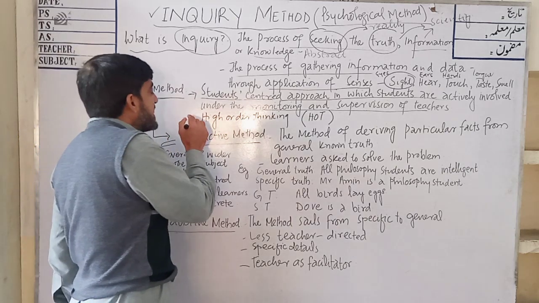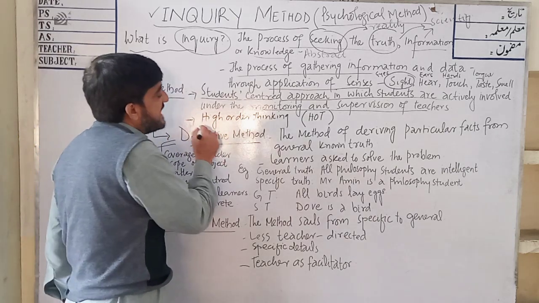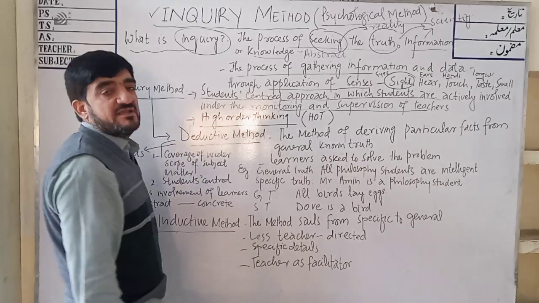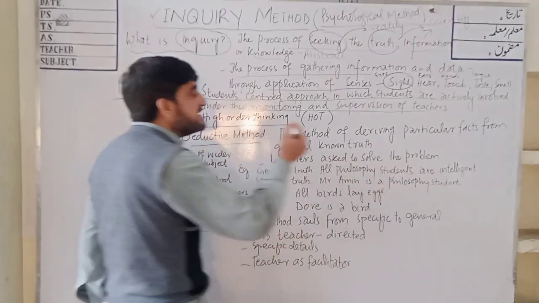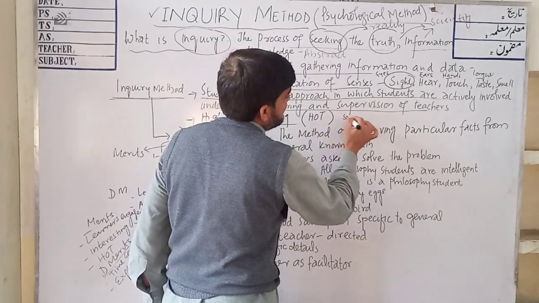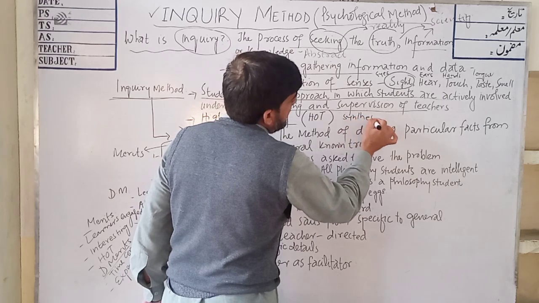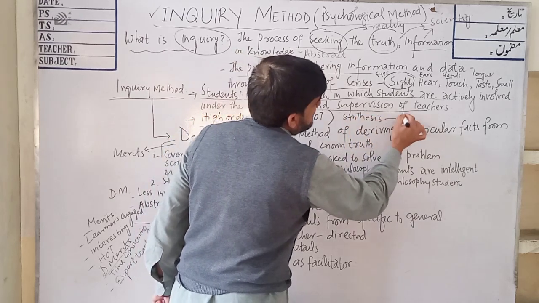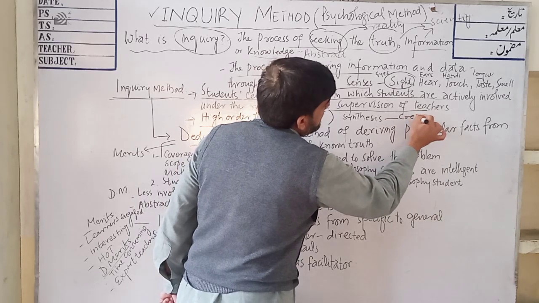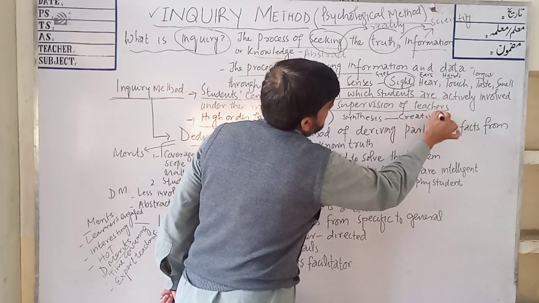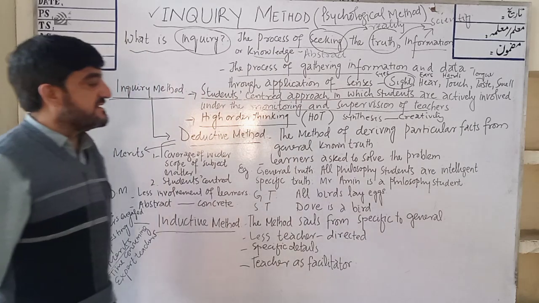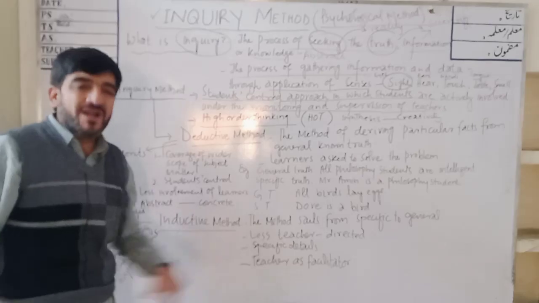Remember that inquiry method is called inquiry method because it deals with high order thinking. High order thinking means thinking which starts with synthesis and ends with creativity. It is not concerned with lower order thinking.